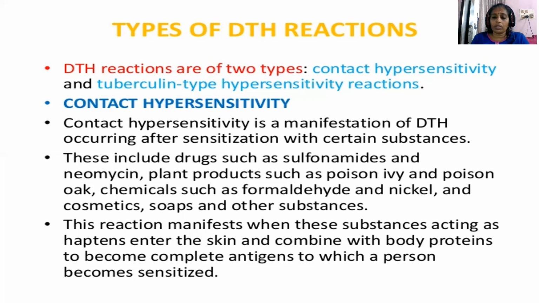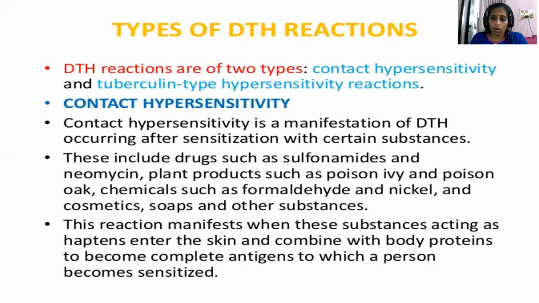This reaction manifests when a substance acting as a hapten enters the skin and combines with body protein to become a complete antigen, and the person becomes sensitized. Complete antigens require certain criteria to become antigens.